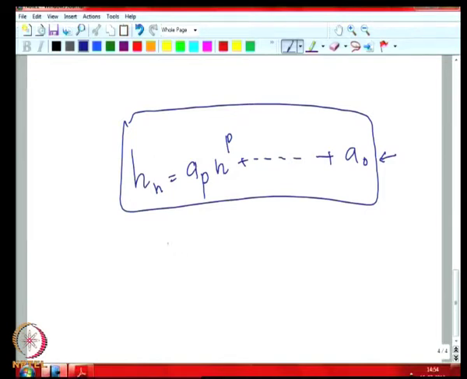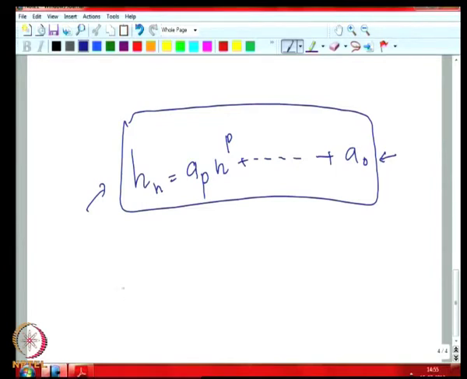But now, for this case, we have to show that the p plus 1th row onwards is 0. That is what we want to show.